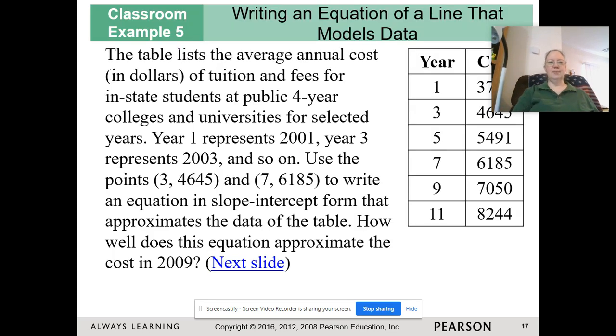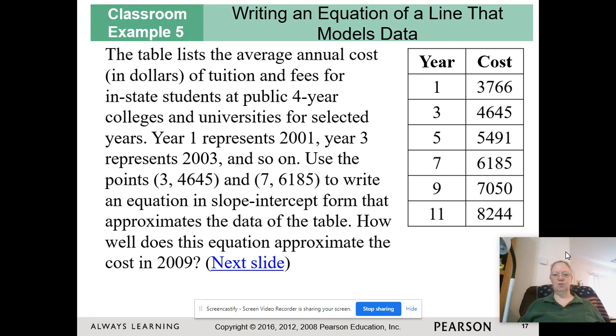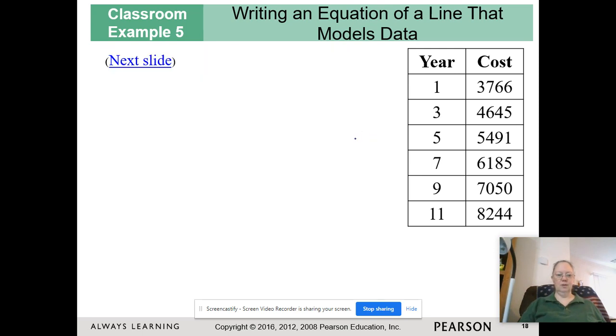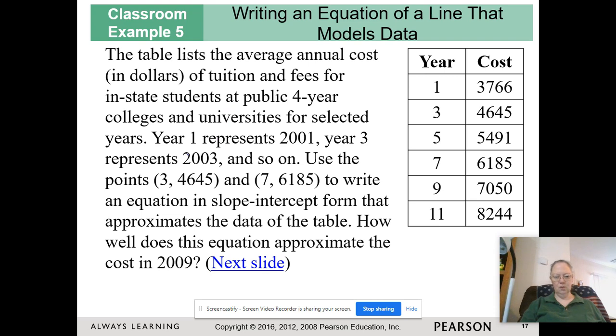The table lists the average annual cost in dollars of tuition and fees for in-state students at public four-year colleges and universities. And you know this is completely out of date. Pay attention when it says stuff like this. Year 1 represents 2001.